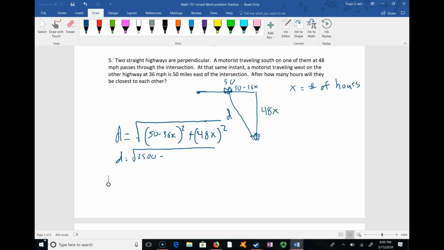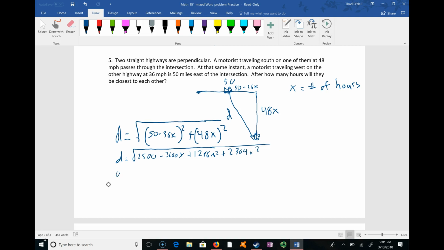So then we'd have 50 times 36 and 36 times 50. So that would end up being 3600x plus 1296x squared plus 48 times 48 plus 2304x squared.